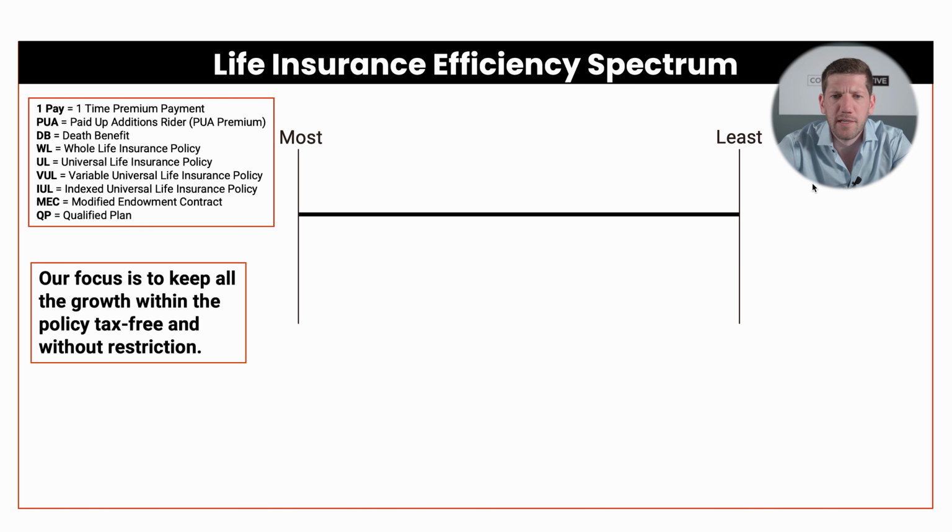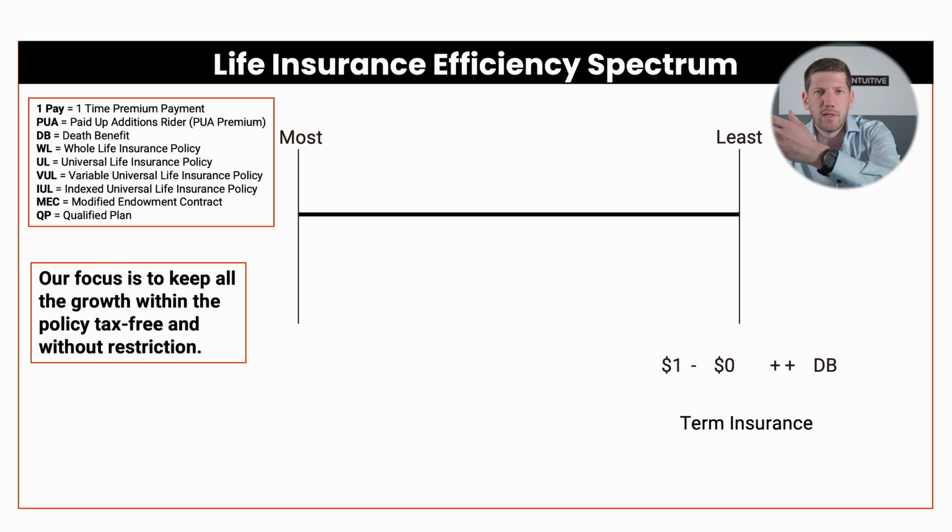So as we look at the life insurance efficiency spectrum, you'll see the least efficient off to the right side and the most efficient on the left side. By least and most efficient, we're focusing on cash value accumulation without giving up any cracks in that foundation, so to speak.